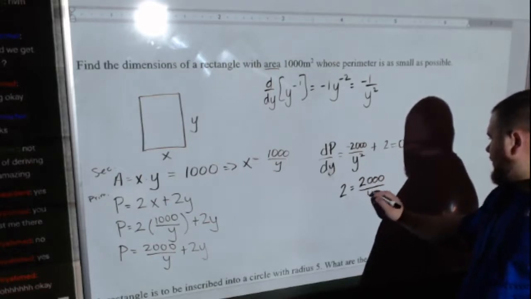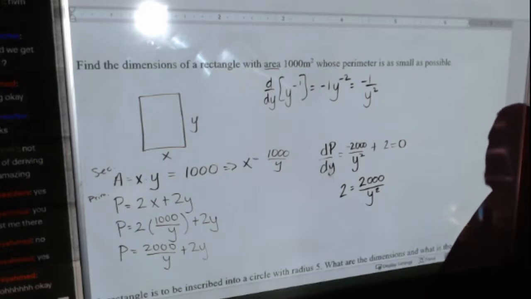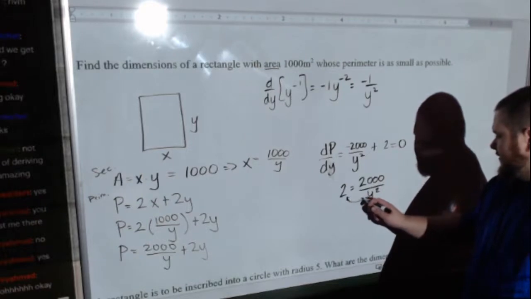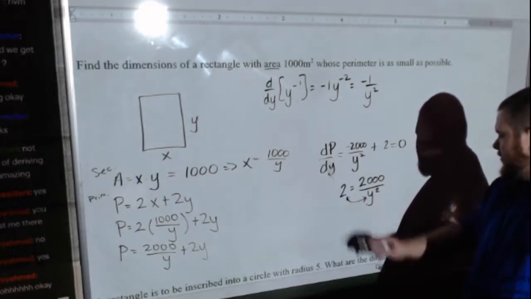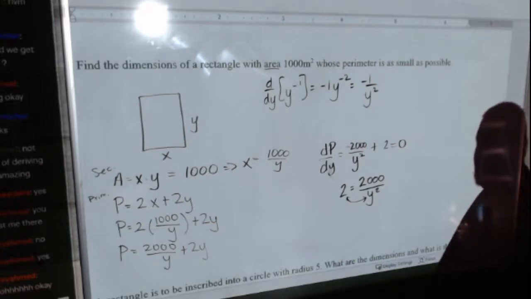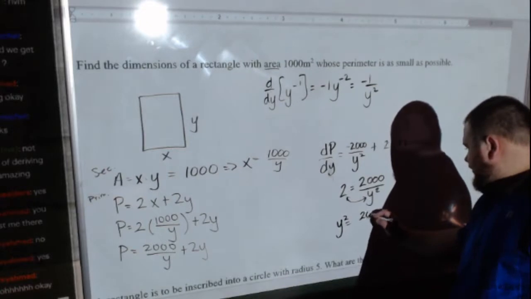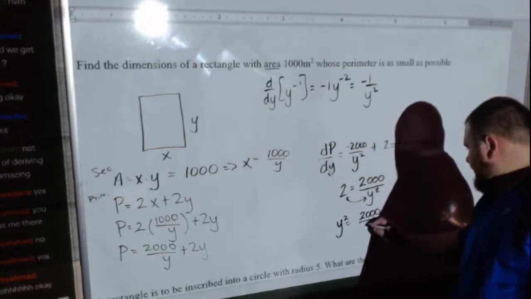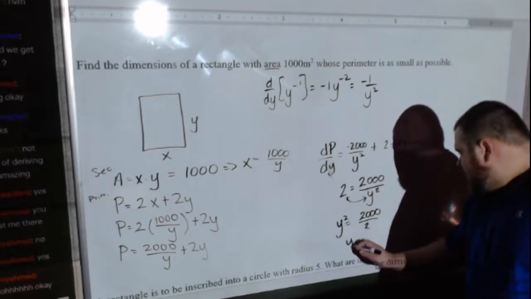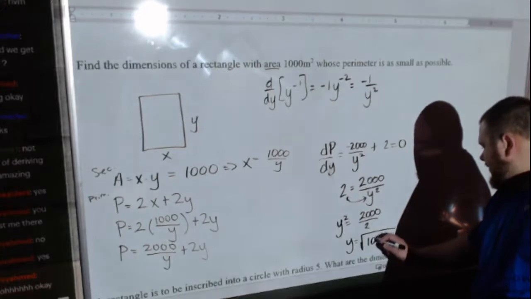2,000 over y squared. And as I've been showing you guys, without doing 2 steps, we can just do 1 here. We can swap these 2 guys. So y squared equals 2,000 divided by 2, or y equals the square root of 1,000.